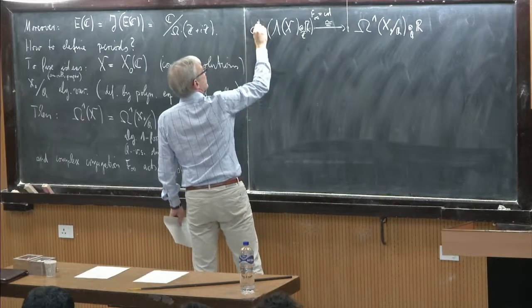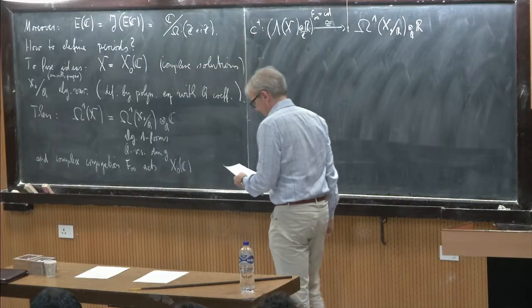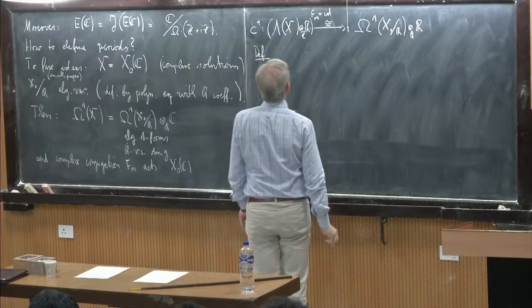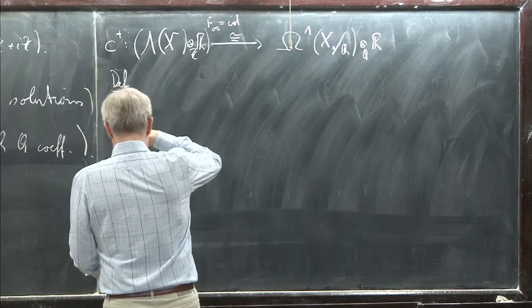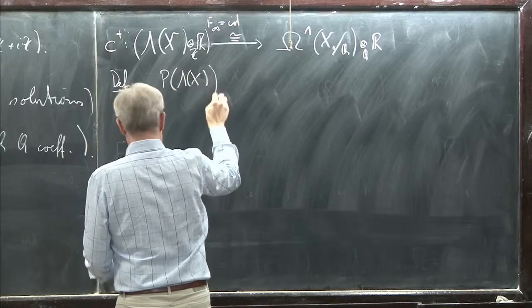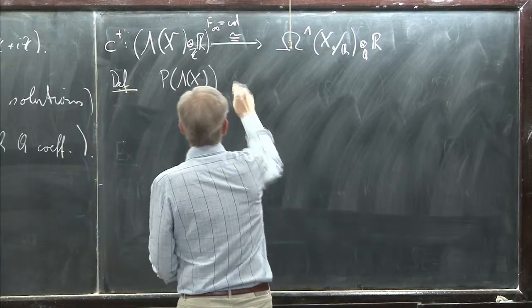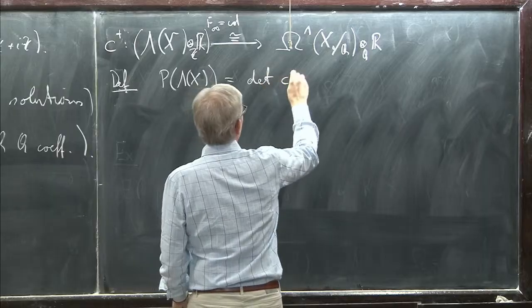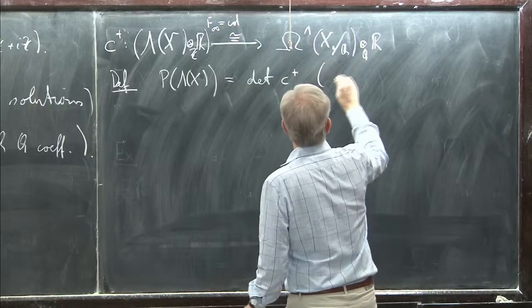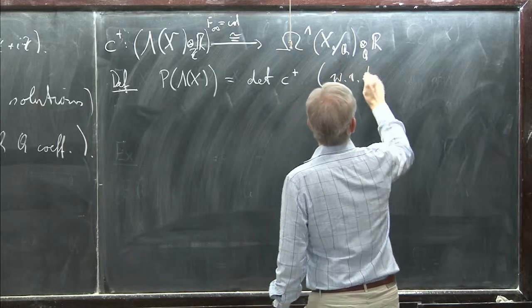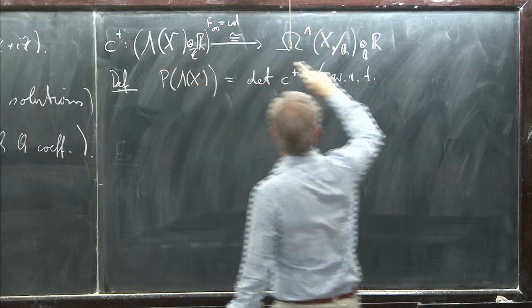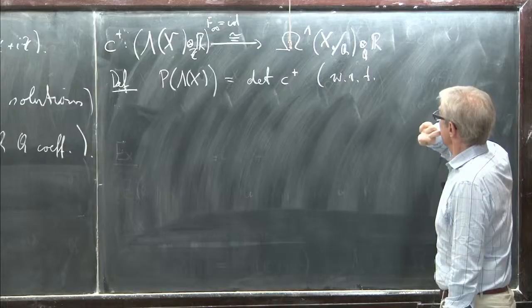Let us call this maybe C plus here, and then I define the periods as follows. So the periods Lambda of X: I take the determinant of this map C plus. And what does that mean? You take this with respect to a basis. This turns out to be a g-dimensional R vector space, and this is a g-dimensional R vector space.